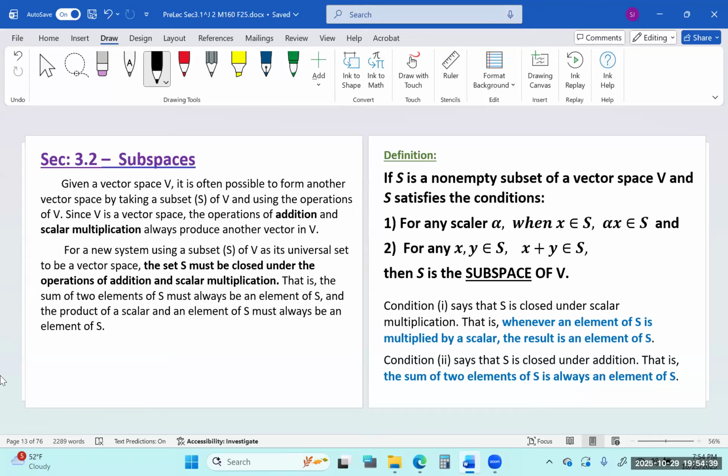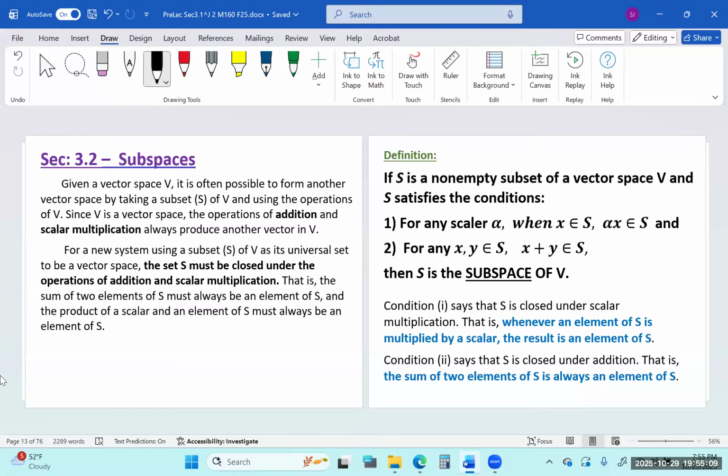If you have 0 in the subset, then the first condition is fulfilled. Second, if you add any two vectors, the sum has to be inside your space. And if you do scalar multiplication, it has to be inside your space. If these three conditions are fulfilled, then the subset you took is a subspace of the bigger vector space.